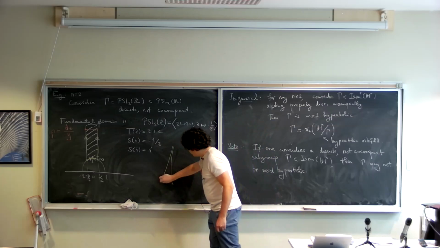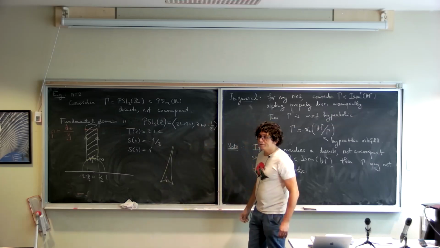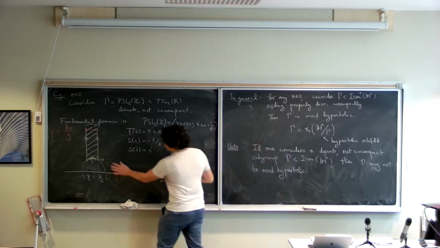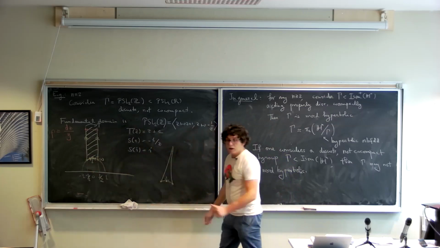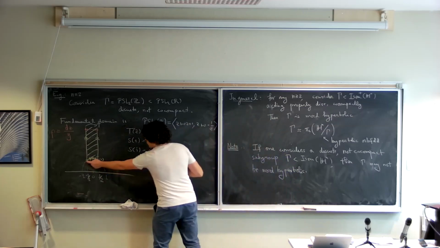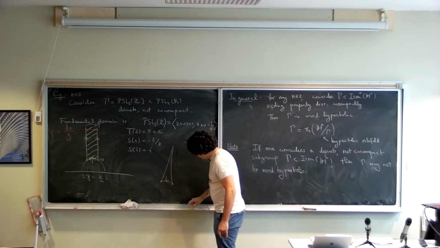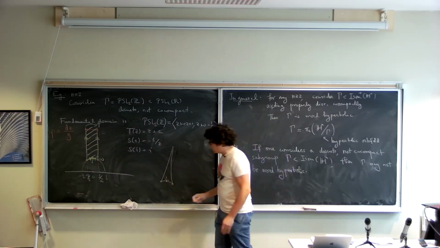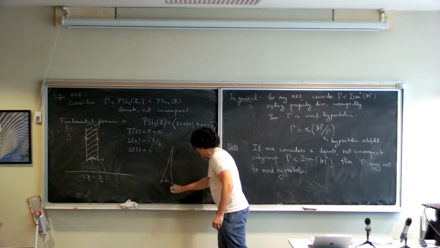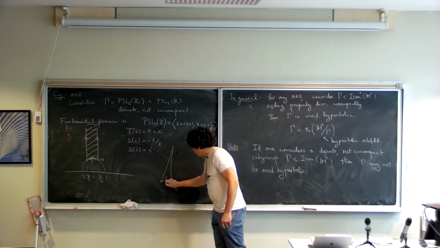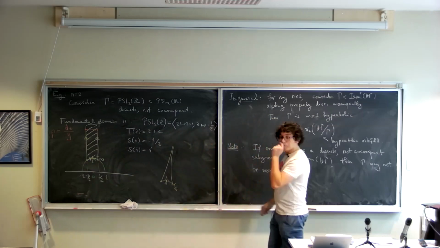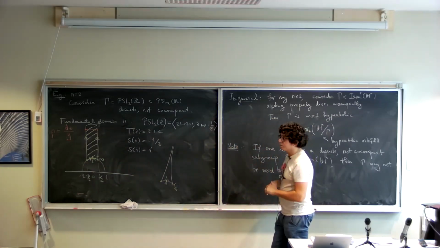This point is identified with this point, so the angle here is 60 degrees, and there's another 60 degrees on the other side. So the total angle at this point is 120 degrees, which is 2 pi over 3, and the total angle here is pi.